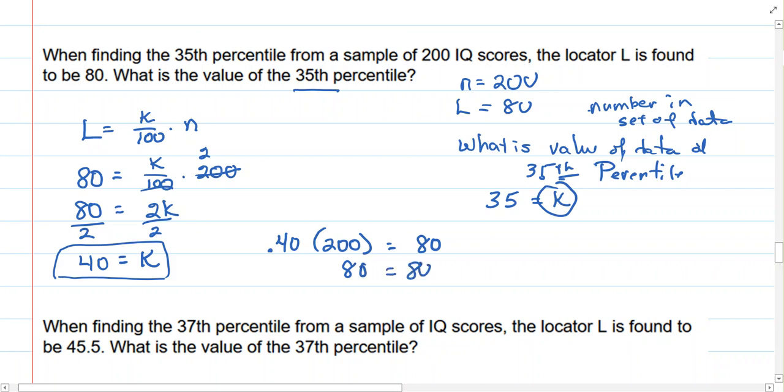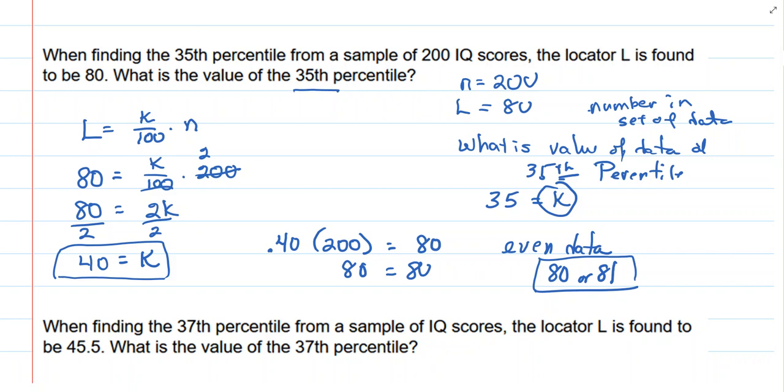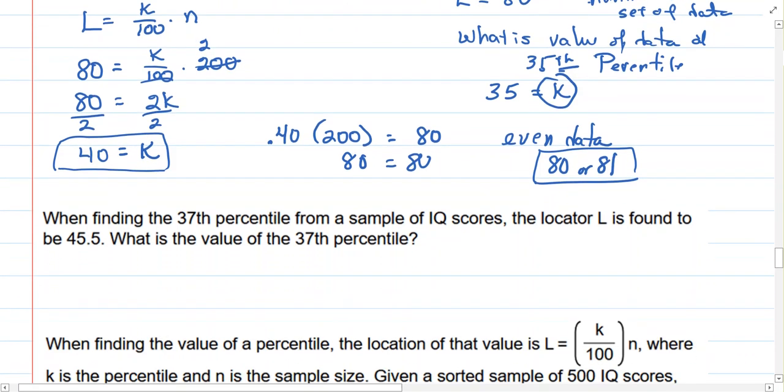And because there's an even data set, we're talking about the 80th or 81st, because we're talking one less. So that is finding the 35th percentile sample. It is the 80th term or the 81st. Well, they gave us 80 to begin with, and we can just prove how this works with this problem.